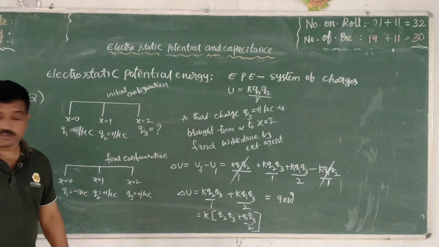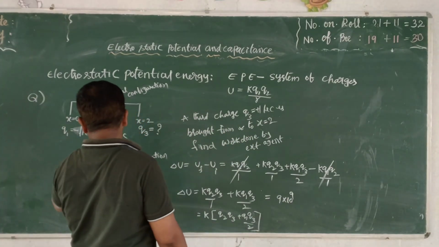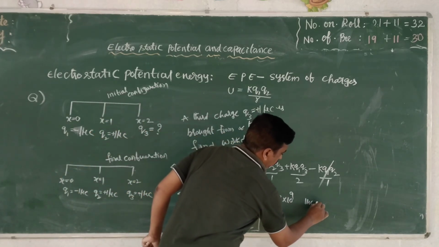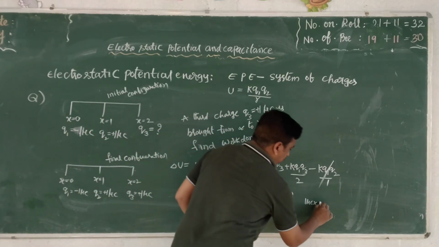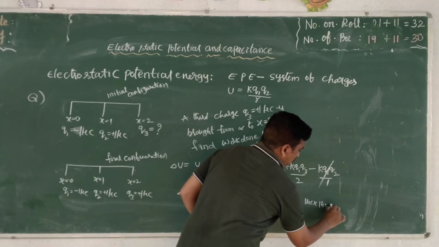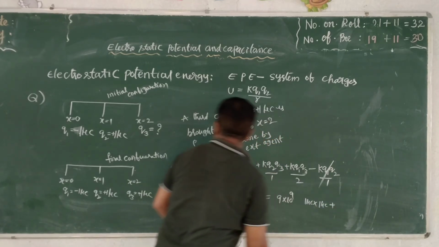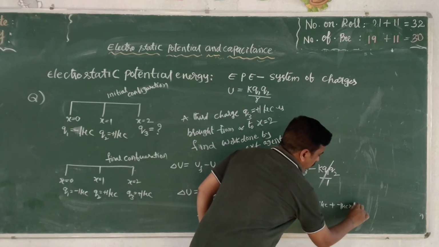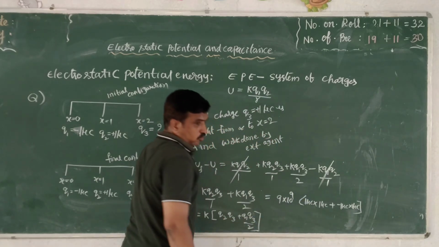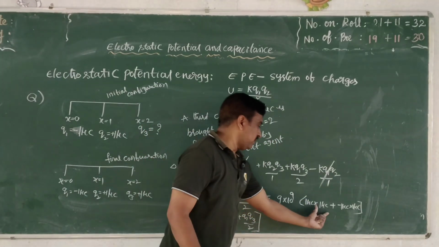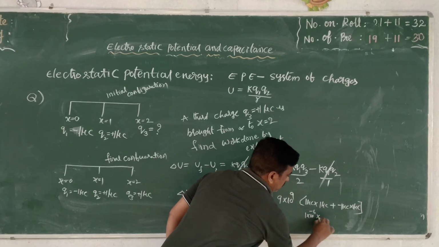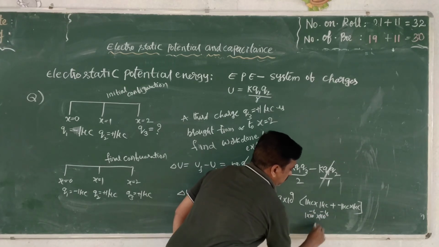Q2 is plus 1 microcoulomb, into Q3, plus 1 microcoulomb, plus Q1, which is minus 1 microcoulomb, into plus 1 microcoulomb. A microcoulomb means 10 power minus 6, so I write 1 into 10 power minus 6, 1 into 10 power minus 6.